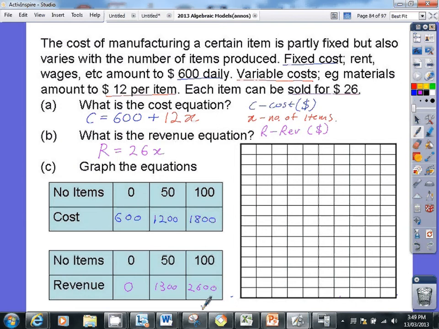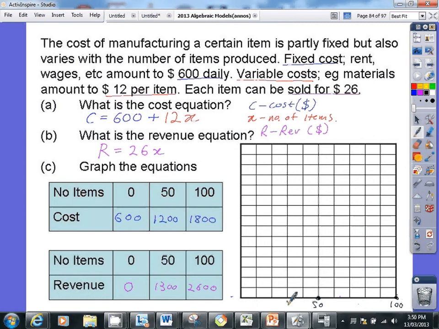Very nice. So let's graph these. The trick is always, okay, what's the biggest number for the independent variable on the x-axis? So we're going to go up to 100. So 10, 20, 30, 40, 50 looks good. 60, 70, 80, 90, 100.